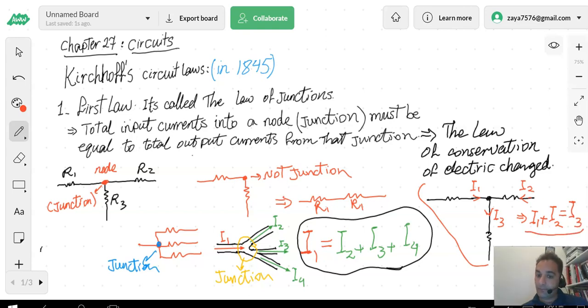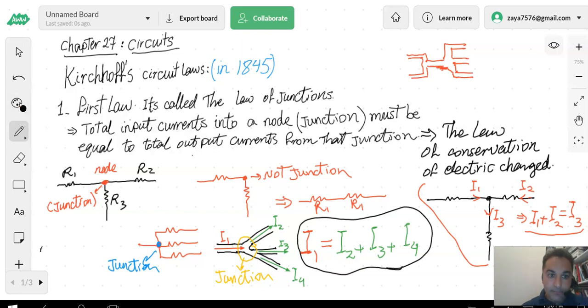Did you get this? For example, if I want to write for this thing, say this becomes 3 sections, correct?